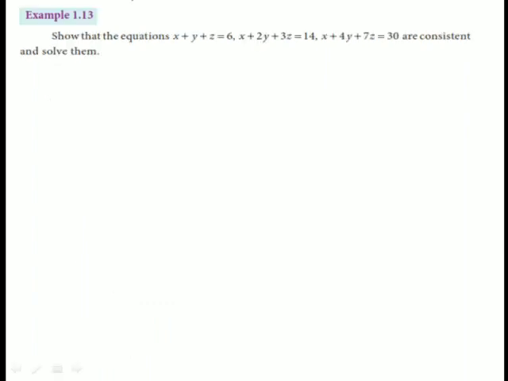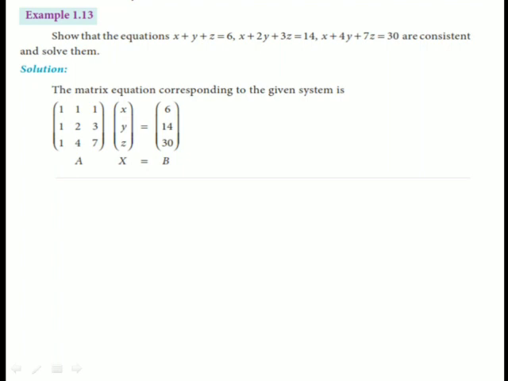Next example, show that the equations x + y + z = 6, x + 2y + 3z = 14, x + 4y + 7z = 30 are consistent and solve them. First you write this equation in matrix form.